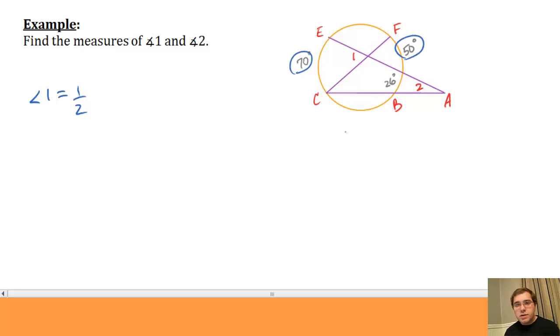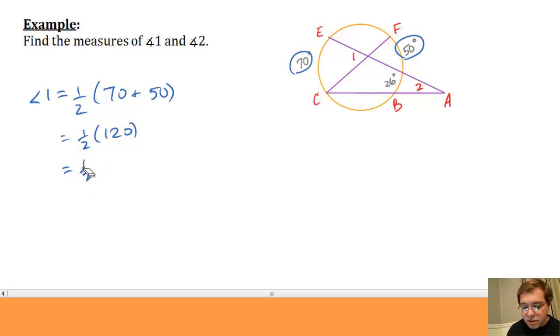Those are the intercepted arcs of angle 1. So we're going to take half of 70 plus 50. Well, 70 plus 50 is 120, and half of 120 is 60. So angle 1 is 60 degrees.